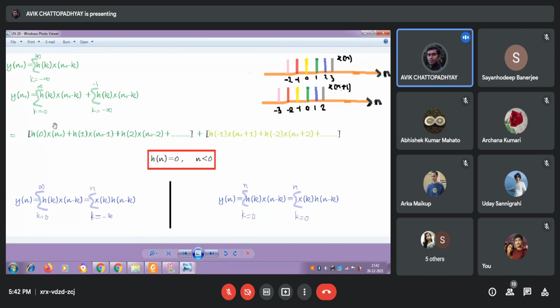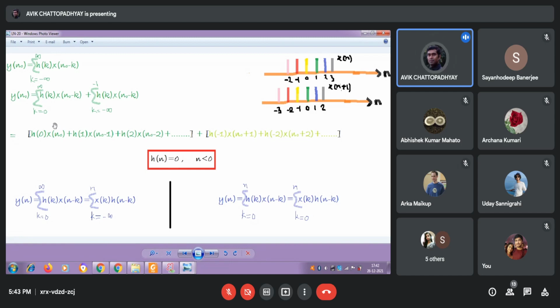So if the impulse response is 0 for negative argument for any LTI system, that LTI system is bound to become causal. This one condition is necessary as well as sufficient, both. So you don't need to depend on any other conditions.